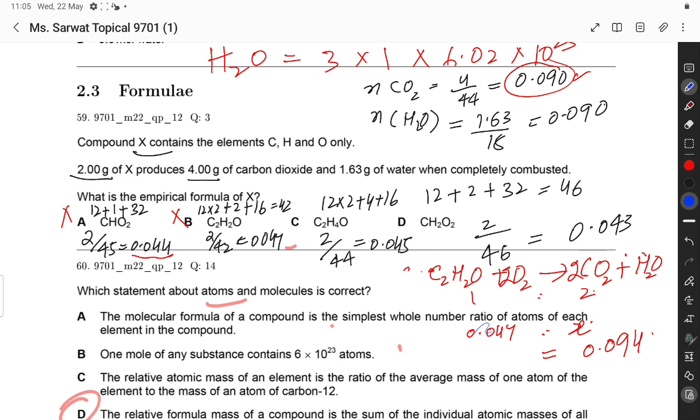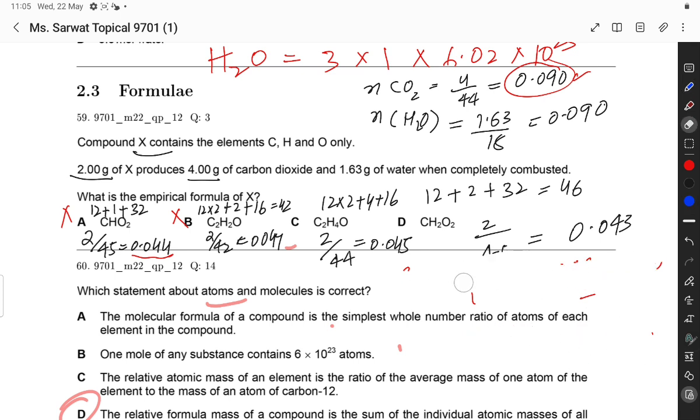Similarly, next C2H4O plus O2 to form carbon dioxide and water. By balancing this equation, 2 over here and 4, 2 over here, so 2 2s are 4 and 2 is 6, so place 3 over here, so 1:2.